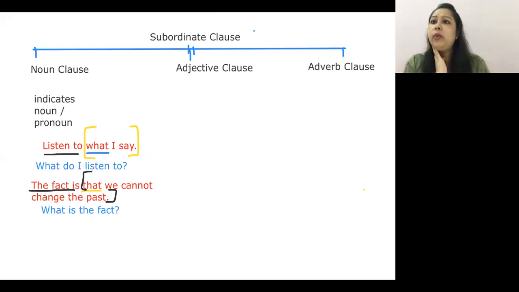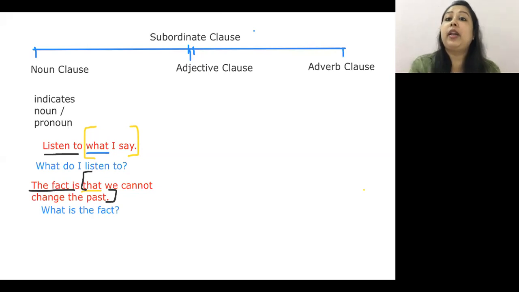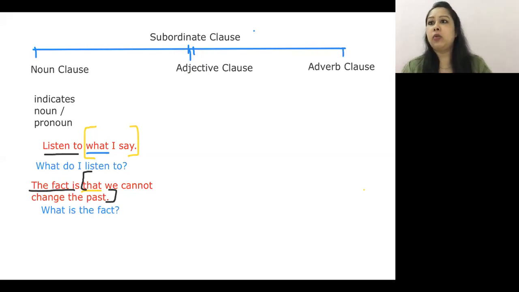So for all of the students in the class, whenever you get a question, even in your exam, your CET paper, make sure the very first thing you do is check whether my given sentence is a noun clause or not. Now, if you're not able to frame a WH question and not able to derive an answer out of it, it is not a noun clause. We move on to what is an adjective clause.